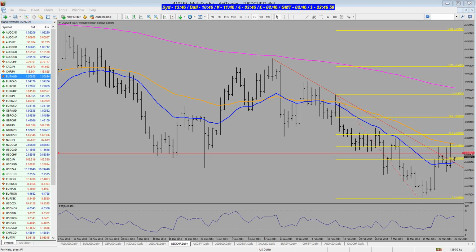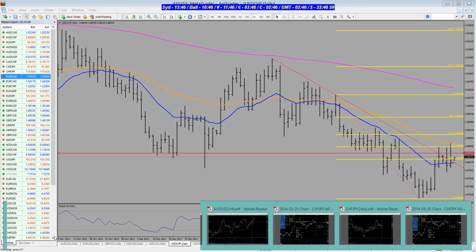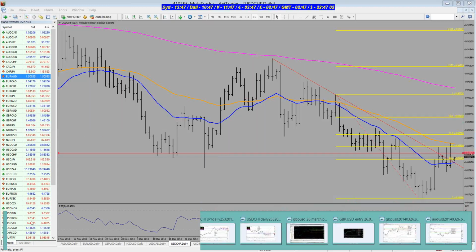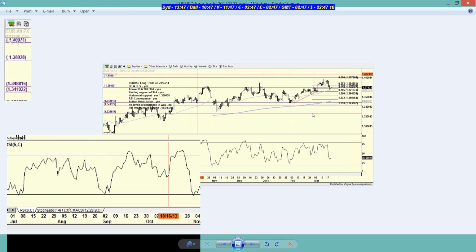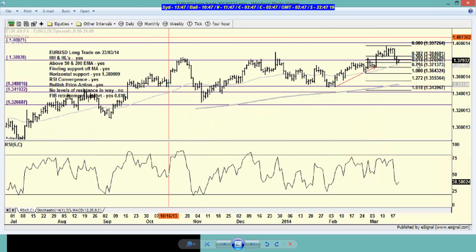You're looking at the pound now, so what do we got here? I missed one. Oh yeah, it's your euro dollar. Okay, euro dollar. Bullish price action. No, we don't have bullish price action.